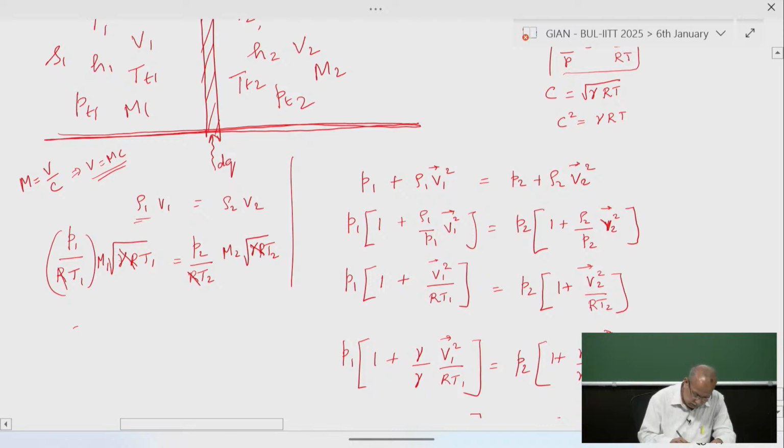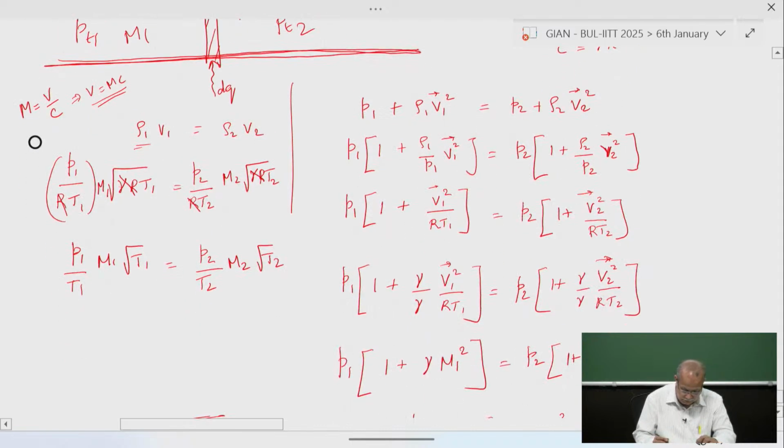So what is left out? P1 by T1 into M1 into square root of T1 is equal to P2 by T2 into M2 by square root of T2. So this will go off, this will go off. Understood? All of you understood?